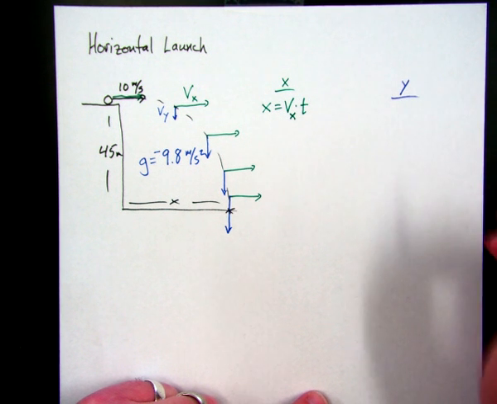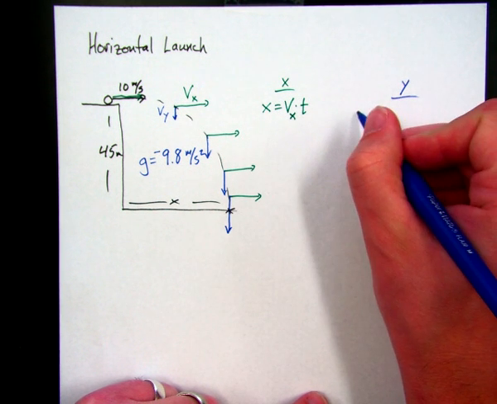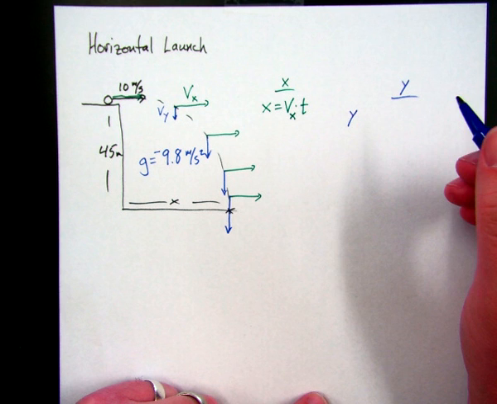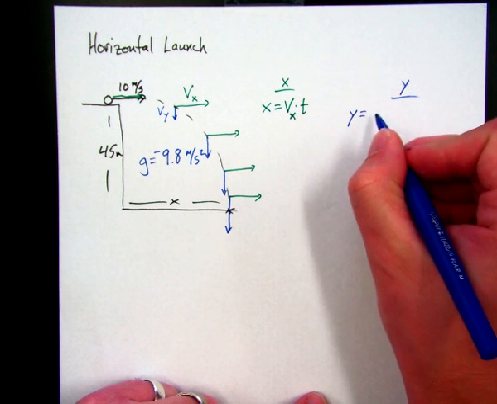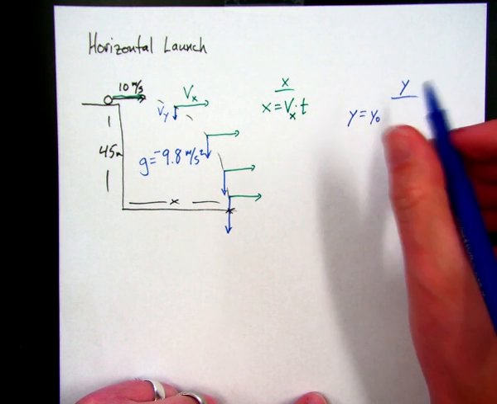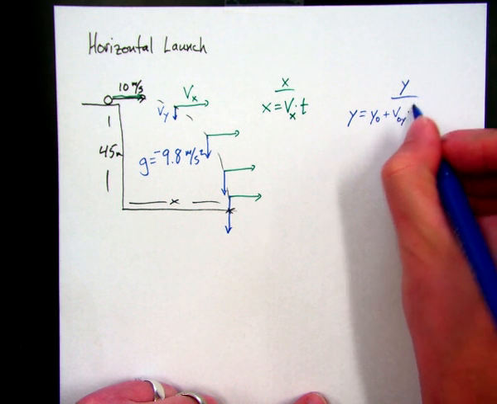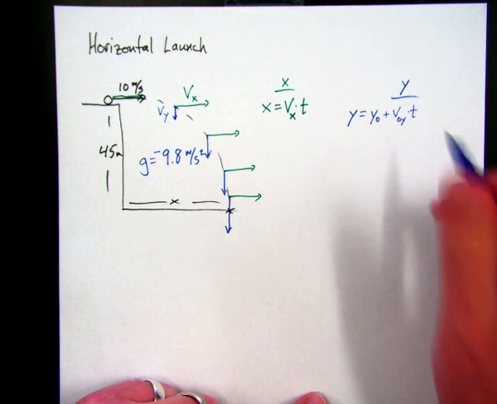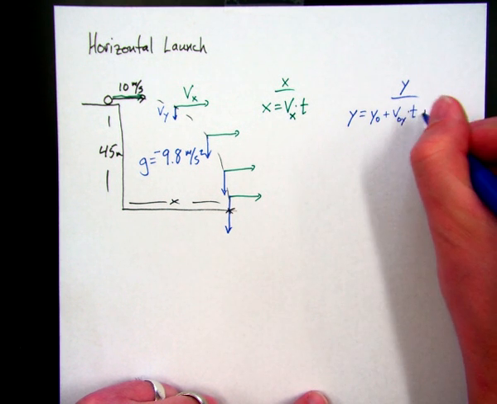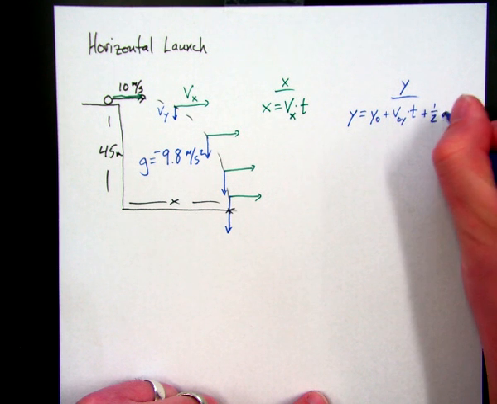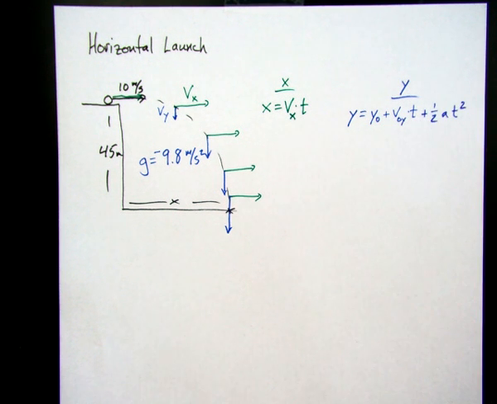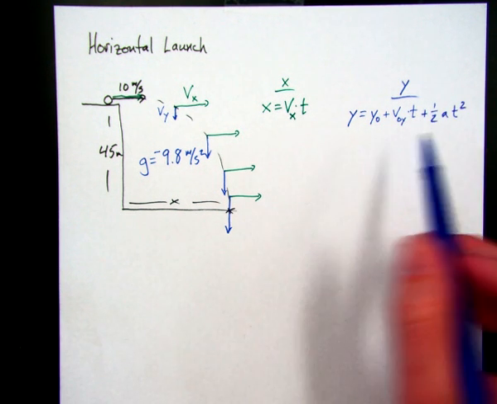In the y direction, I'm going to write a kinematics equation that the height that it has, which I'll call y, is going to equal the height that it started with, plus any height that it gains by virtue of its initial velocity in the y direction, plus any height that changes as a result of acceleration. Okay, so some terms here.